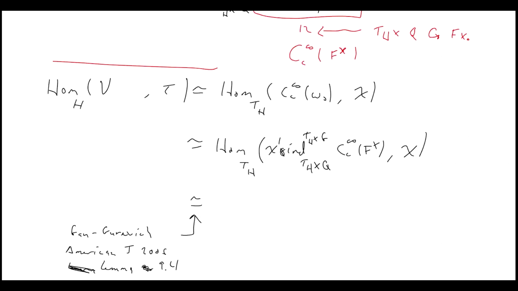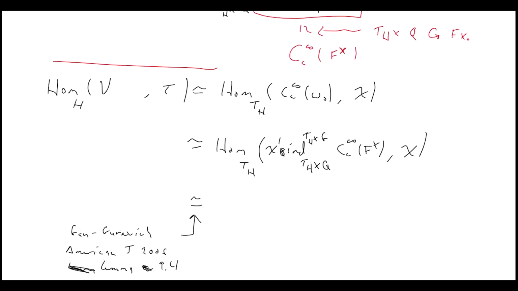So we're looking at this Hom space, T_H homomorphisms, from some complicated induction of a space of functions on F cross into chi. Now the T_H is commuting with G, and so it doesn't really interact with the induction in a substantial way. And so basically what this lemma in Karasiewicz is saying is that to calculate this Hom space, we can work inside of the induction just with the smooth compactly supported functions on F cross.